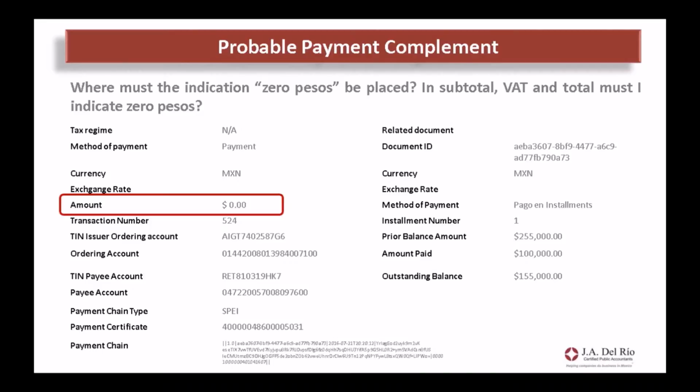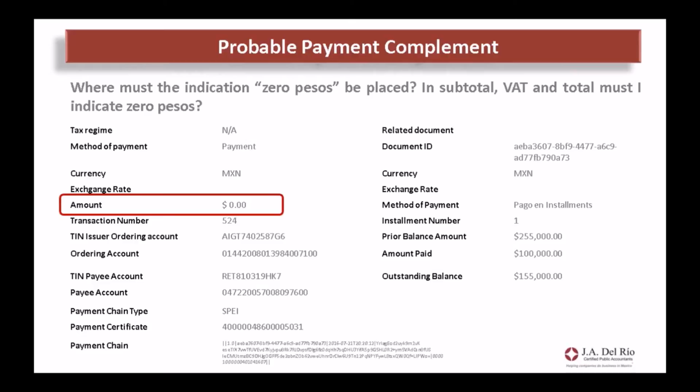So in this example, we have the prior remaining balance will be 255,000. So let's assume that in this occasion, we're paying 100,000. Our outstanding balance will be 155,000. So this is sort of to have control of your accounts receivable on the CFDIs.